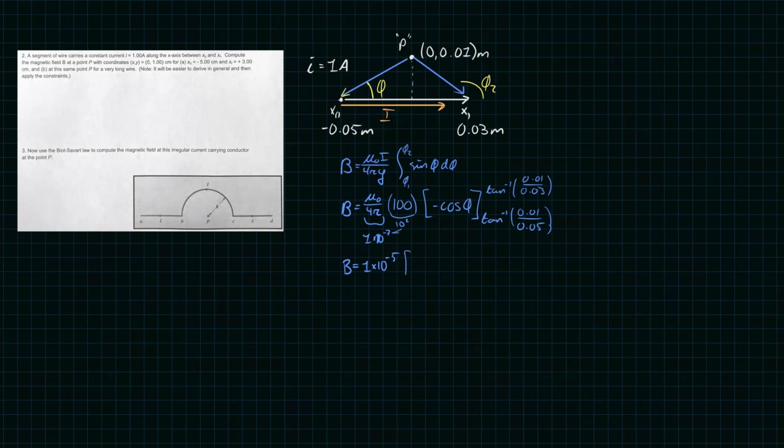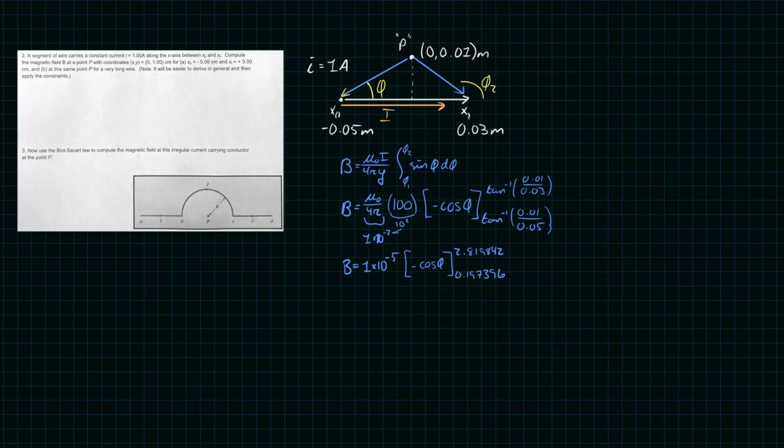And then we're going to get negative cosine of phi evaluated from 0.197396 to 2.819842.